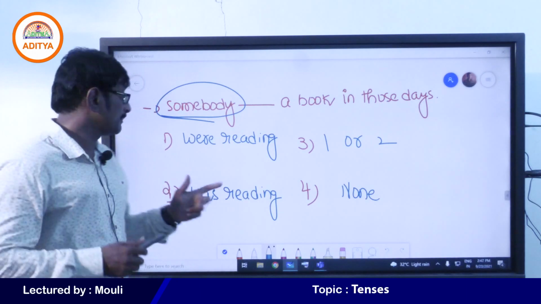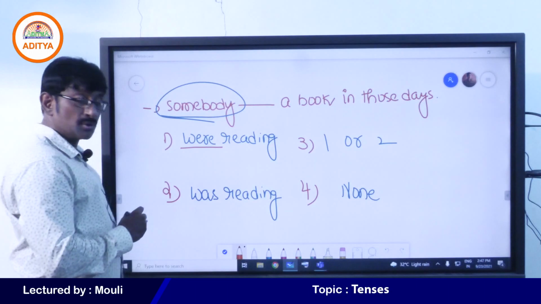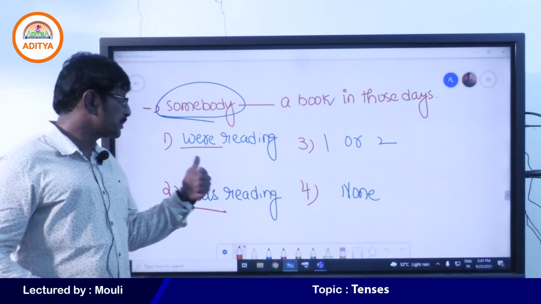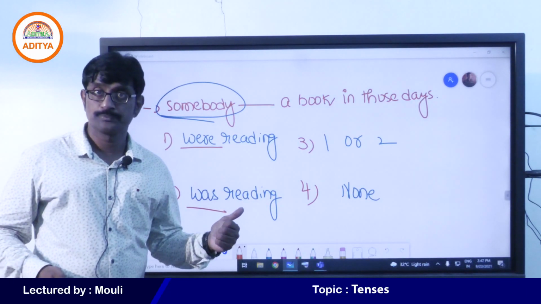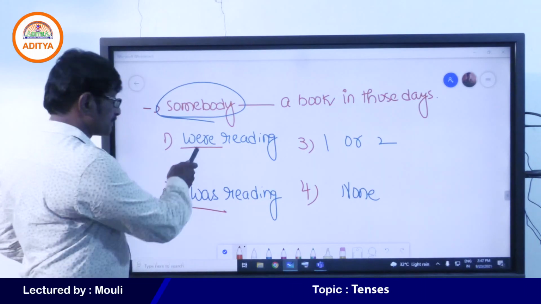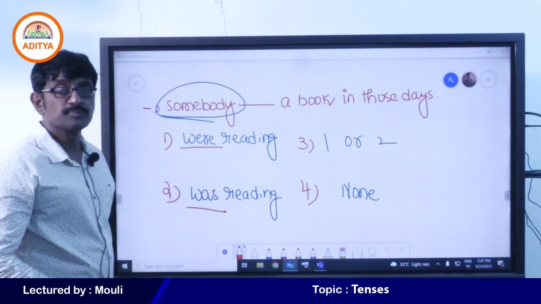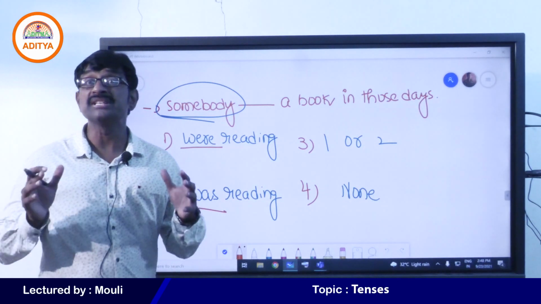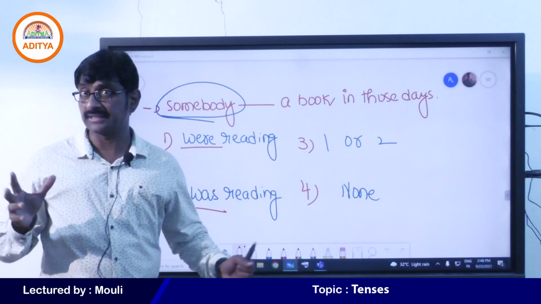So is somebody plural or singular? We can't say whether plural or singular. If it is plural, somebody were reading a book. If it is singular, somebody was reading a book. But which is better? We have to see that.